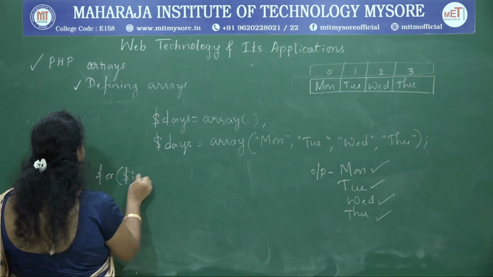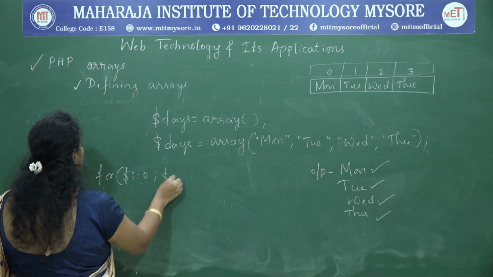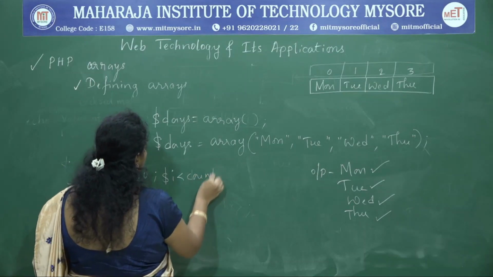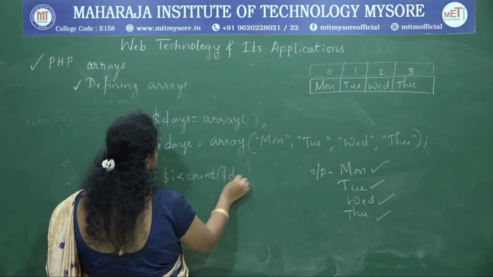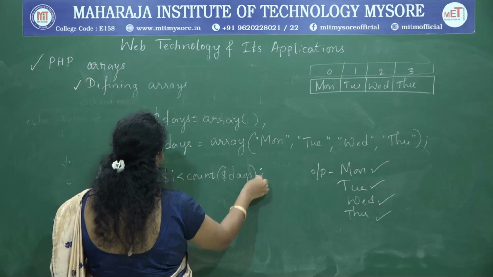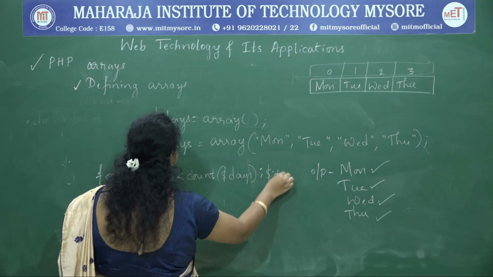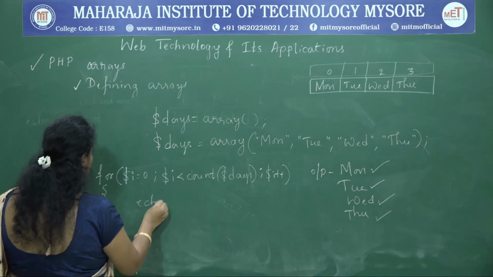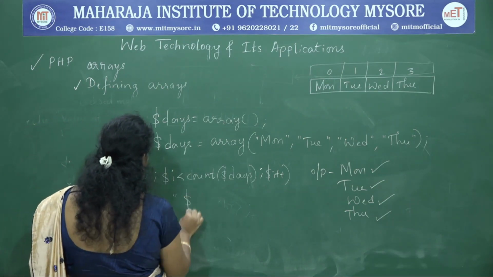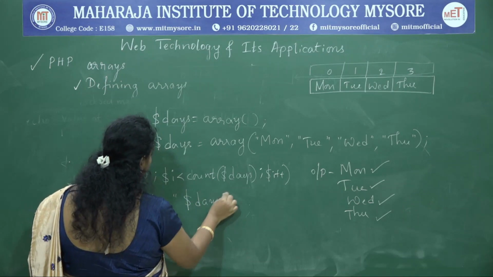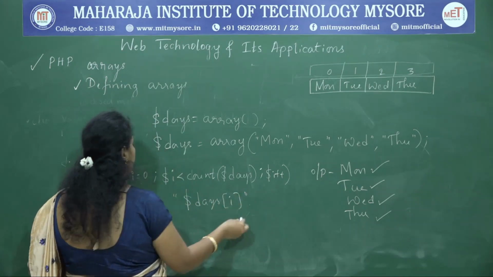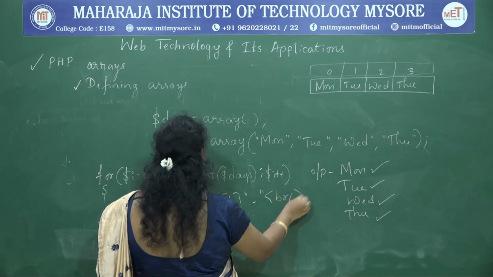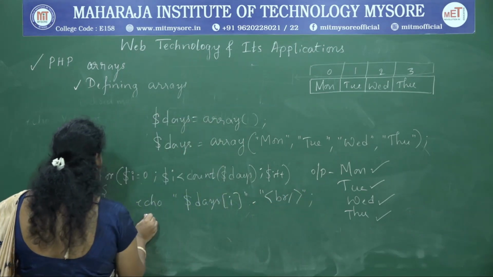So I is equal to 0, then here we have to give the condition, I less than count of days, then I plus plus. Here we have to give echo days of ith index, then to print the next element in the next line, make use of break, that's it.